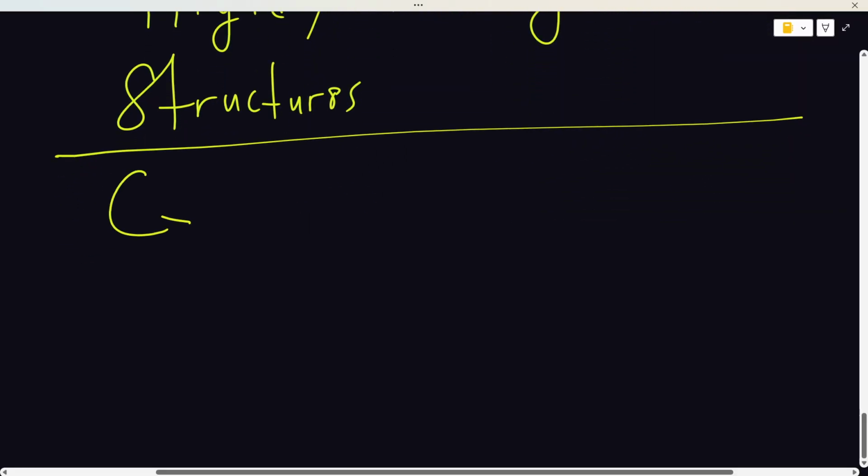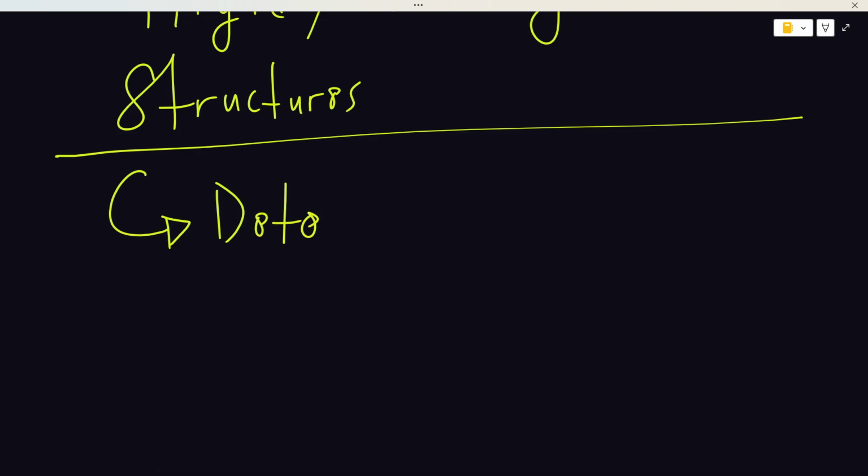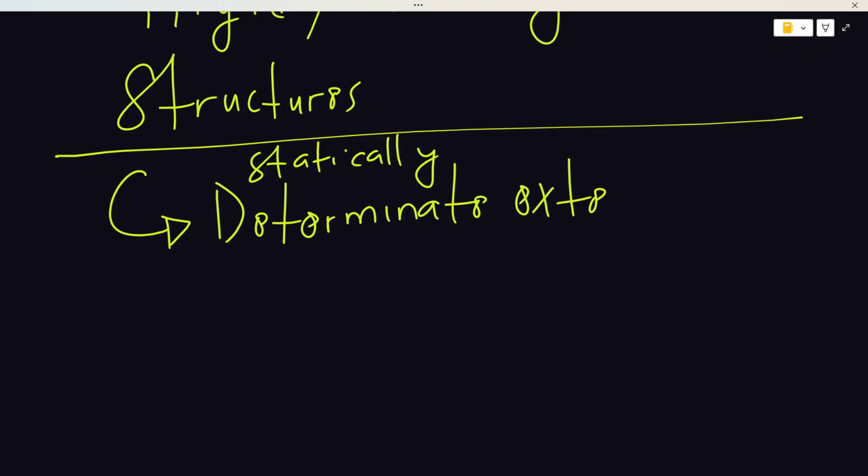Now let's look at determinate, statically determinate externally. It's still the same concept as what I did above.